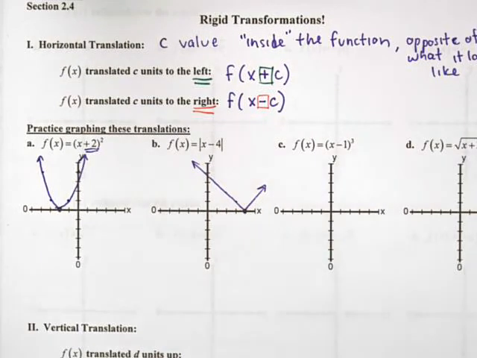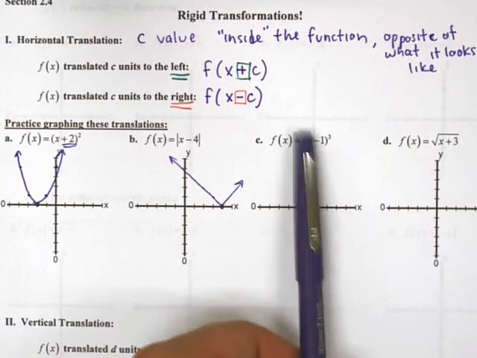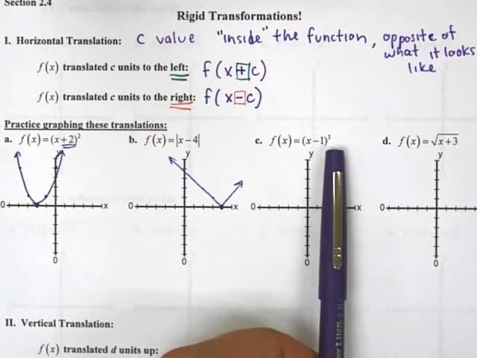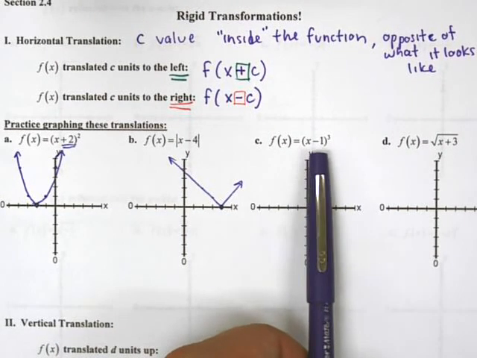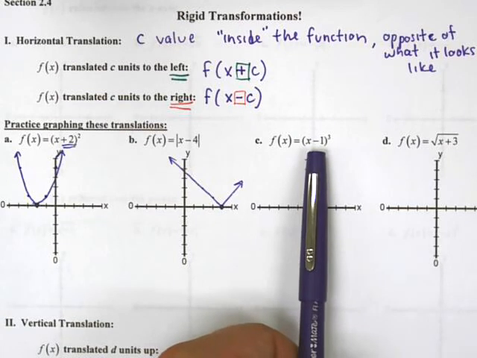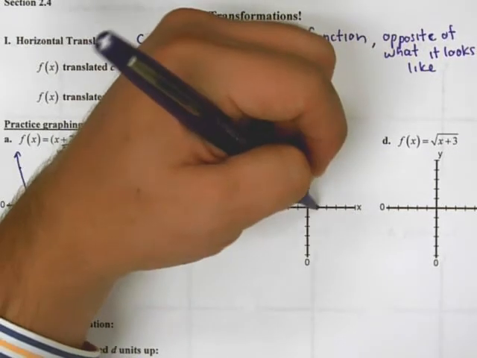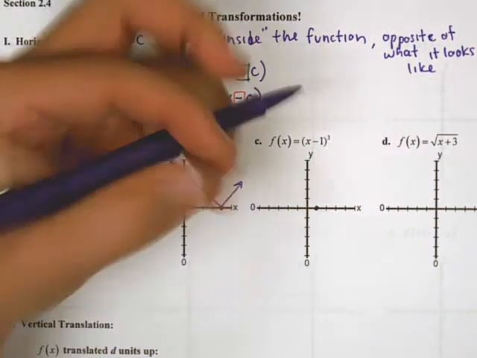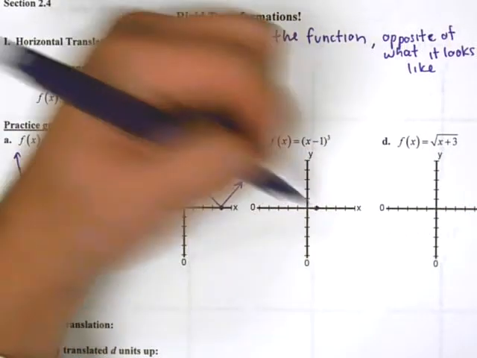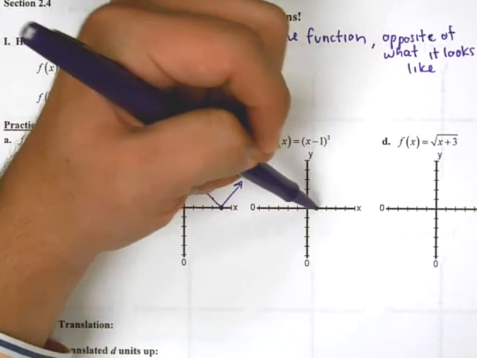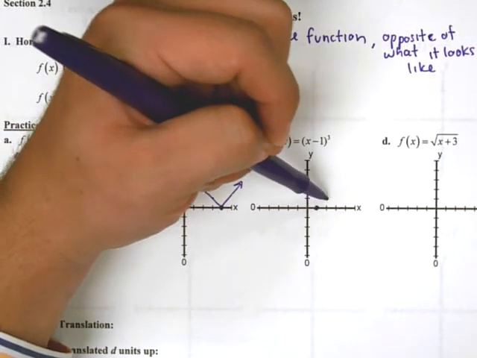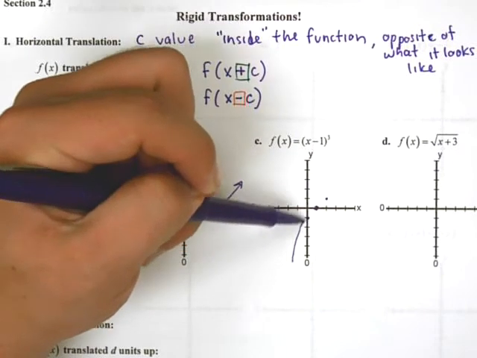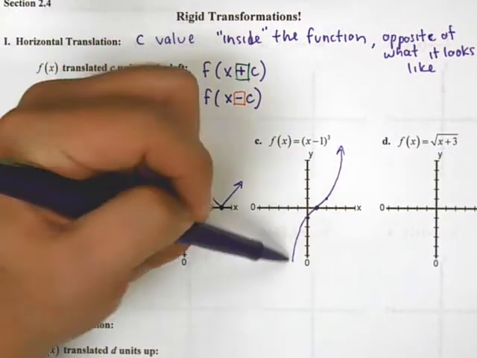I can keep going. C, x minus 1 cubed. Okay, I have a cube function, and I am shifting 1 unit to the right. Again, if you remember, you can just sketch the shape, or we know that if we go over 1, it would be up 1, or back 1, down 1, just to give me a little bit of shape to my function.